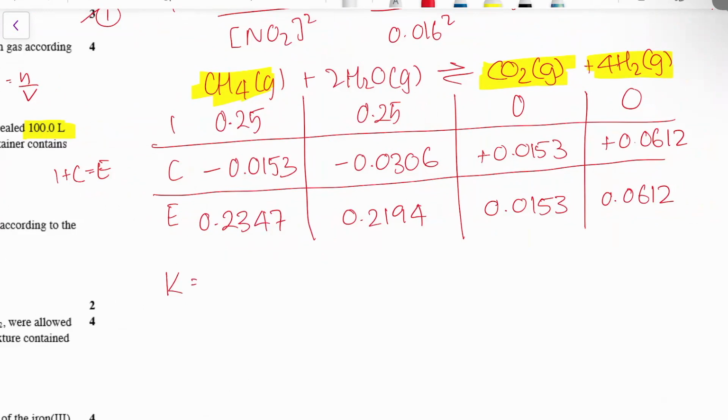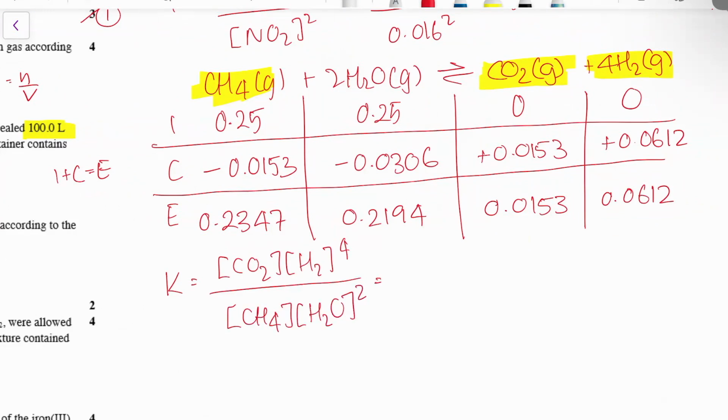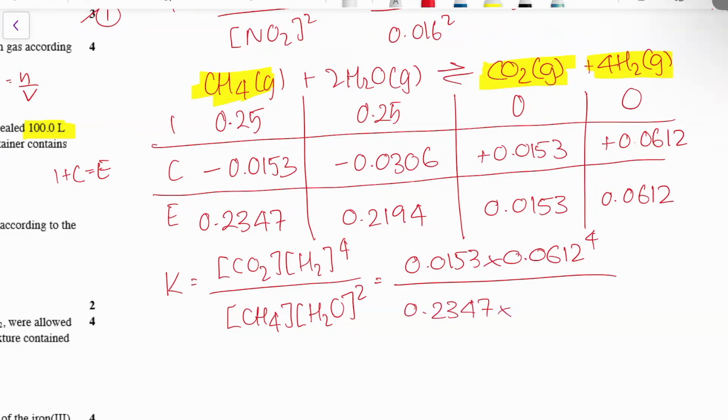That's CO2 H2 to the power of 4 on CH4 on H2O squared. Good. So then that's 0.0153 times 0.0612 to the 4 divided by 0.2347 times 0.2194 squared.